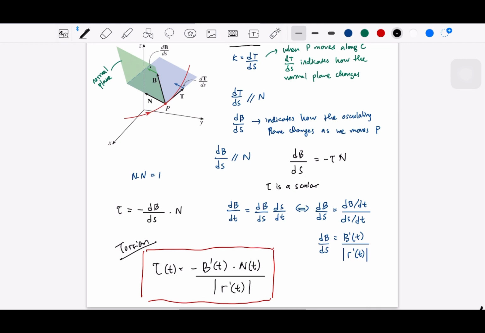So torsion, maybe the best way to describe the visualization is how the curve is twisted. Okay. Is twisting at a certain point P. Okay.